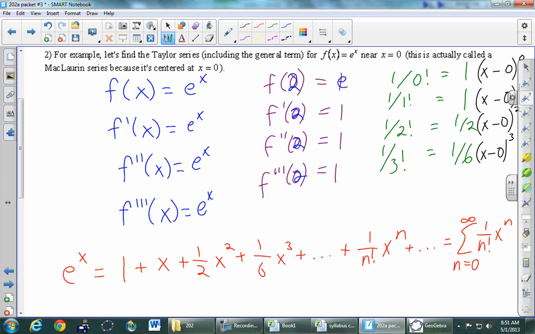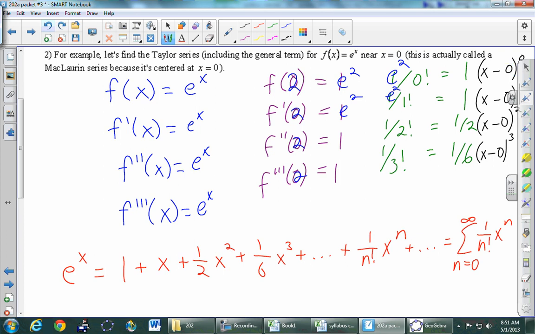So these things would all become e squareds. These guys would become e squareds. These guys would now become what instead of the 0? Would become a 2, and it's perfectly acceptable to just leave it as x minus 2 squared and x minus 2 cubed. So you don't have to expand or anything like that. You can just leave it.